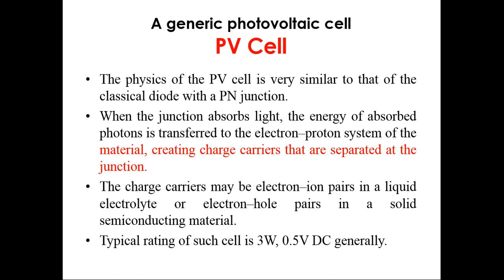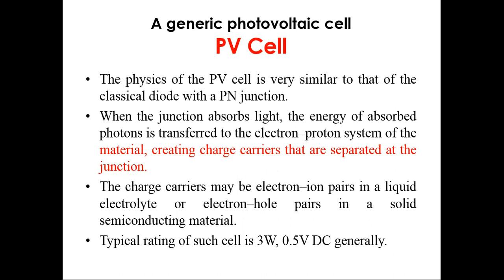If you do not provide the load, it behaves as a short circuit. When the junction absorbs the light, in the case of a PV cell or an array or a module, I will cover in upcoming slides how cell, module, string, array etc. are turned into a large power plant.